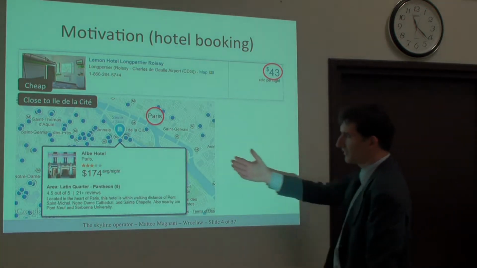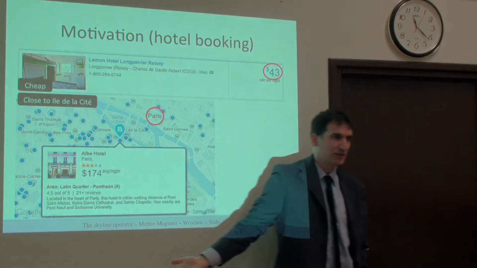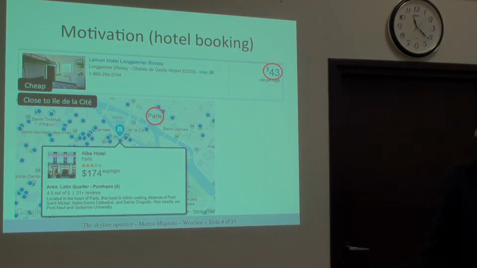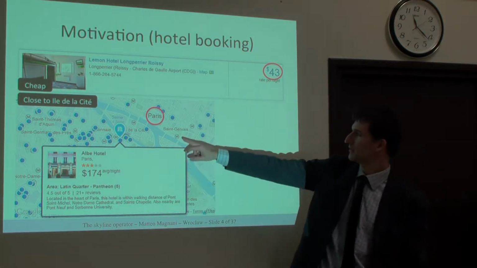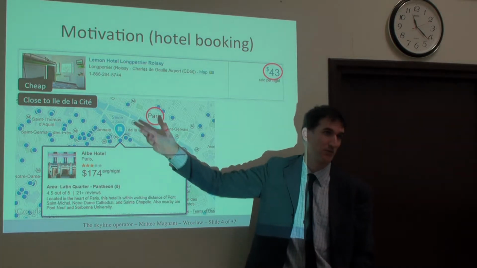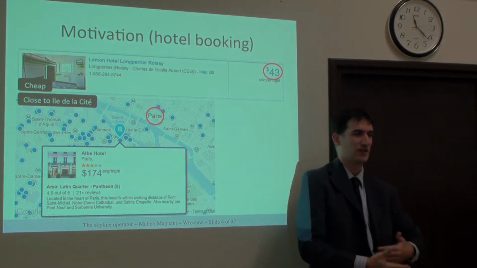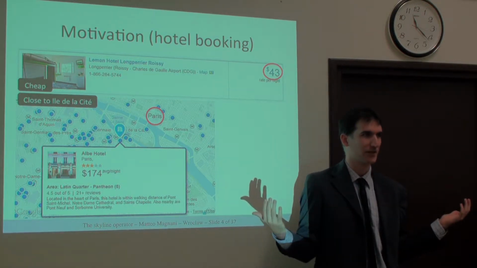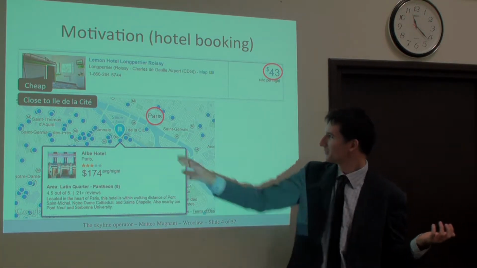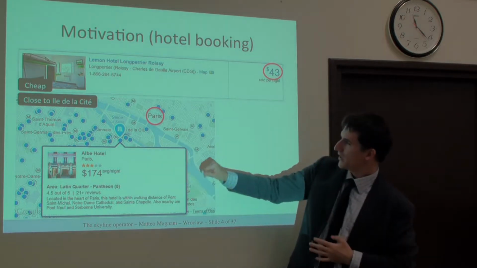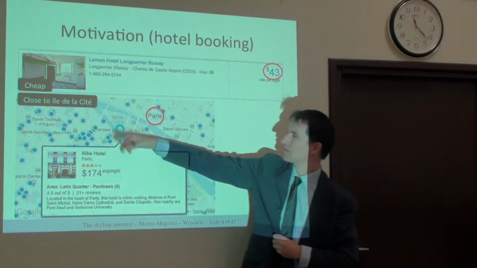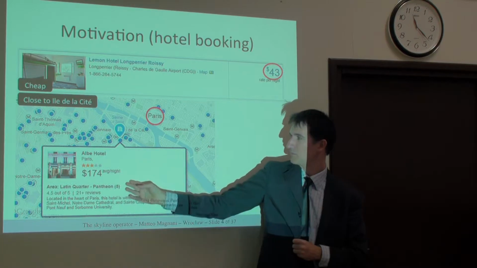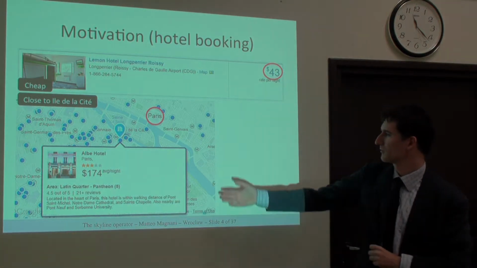But of course, there are many different criteria that we may want to use. So, for example, we might want to book a hotel that is very close to the city center. Then we want to walk around, we don't want to take taxi, metro. In Paris there are strikes every day, so we want to be here. And in this case, we can use as a criterion the distance from the city center, and this would be probably one of the best options, if not the best option.